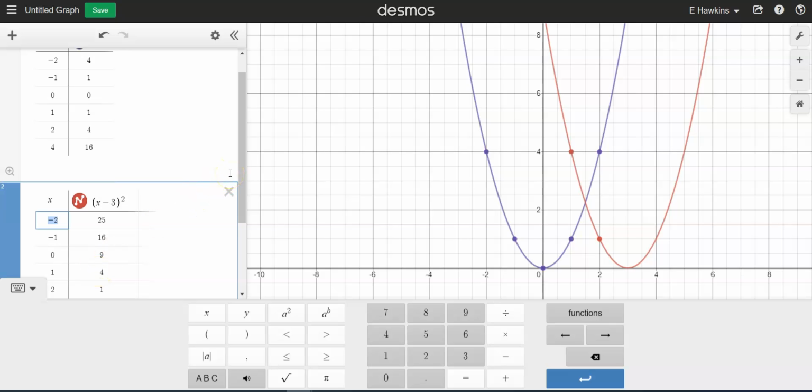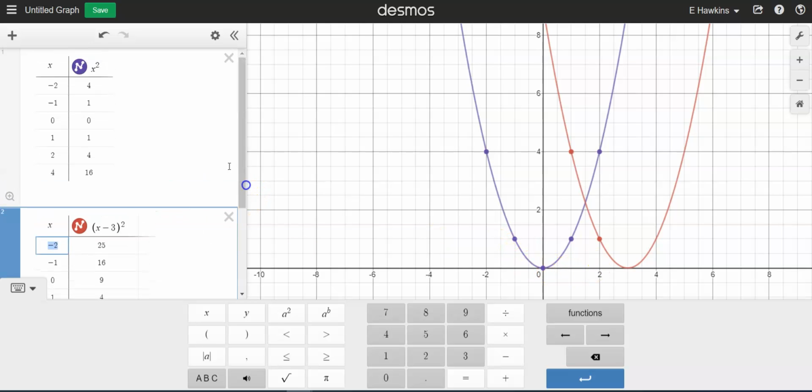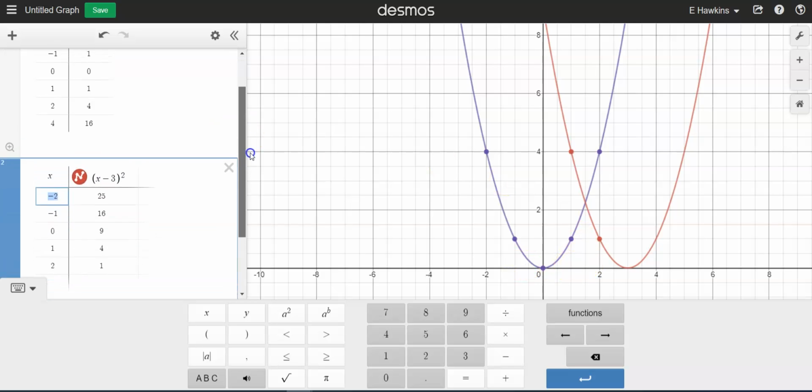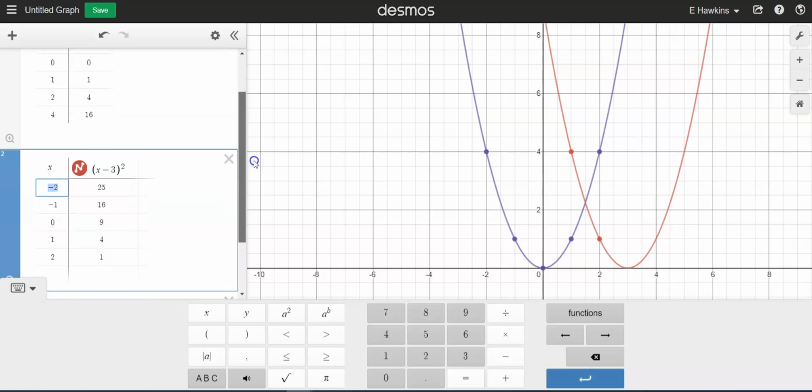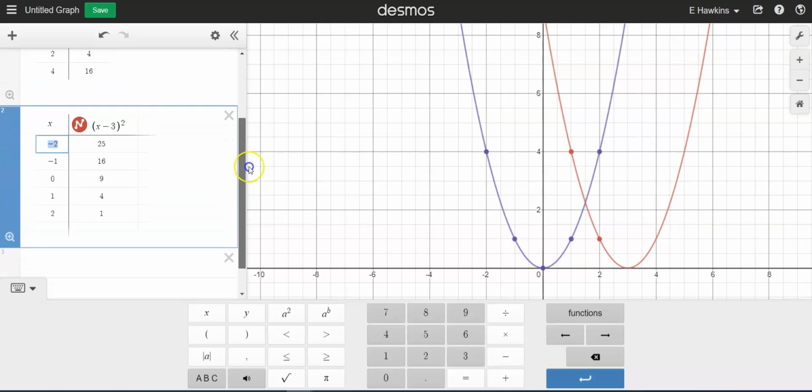Okay, so that means that there was a shift. So if you shifted over 3 times, that's where you end up. Everything went to the right 3.